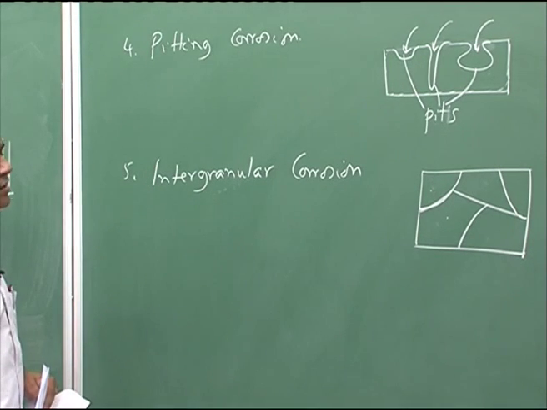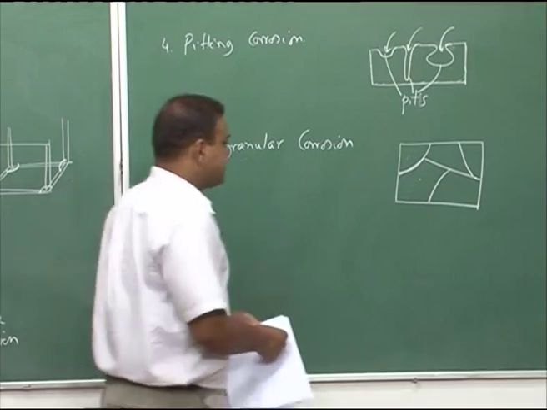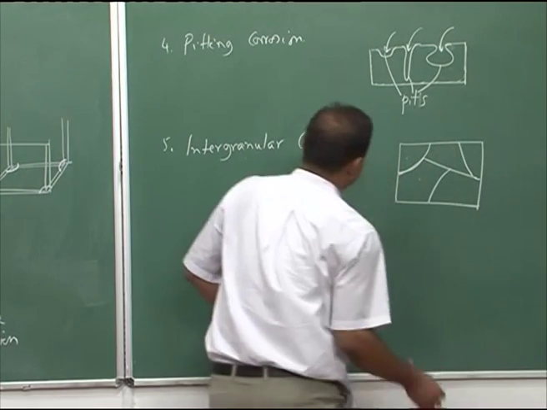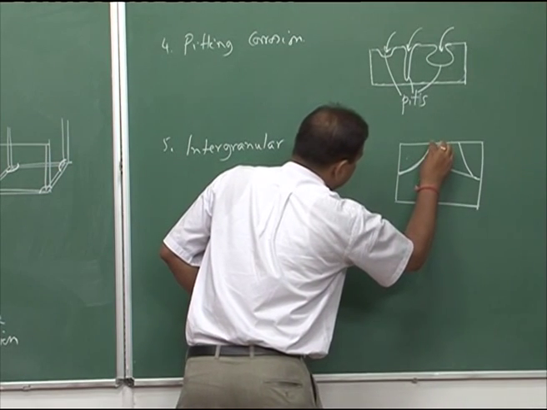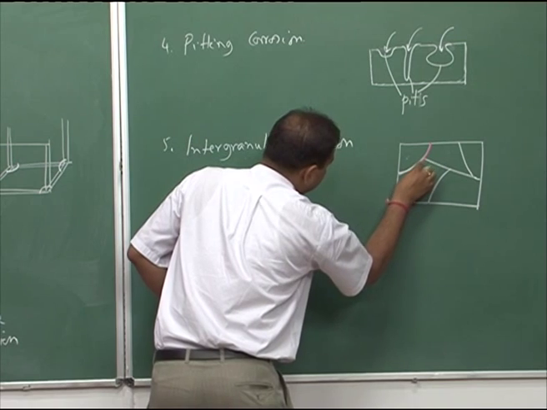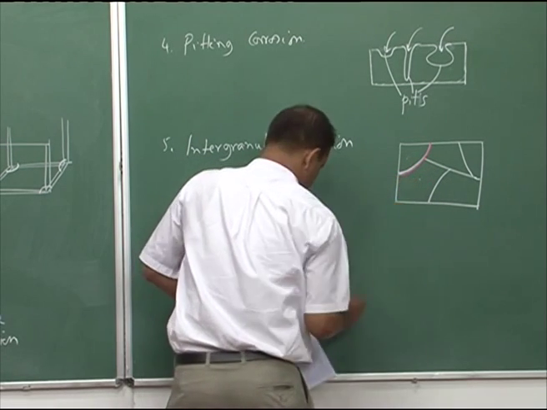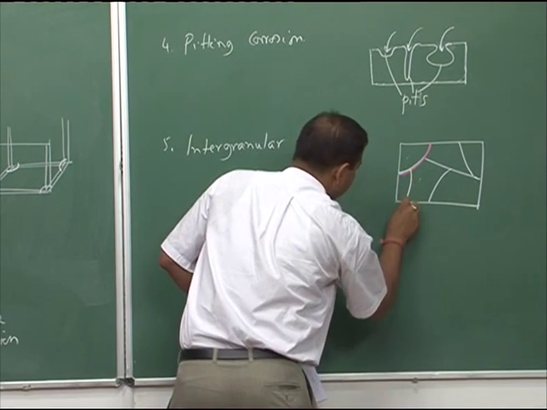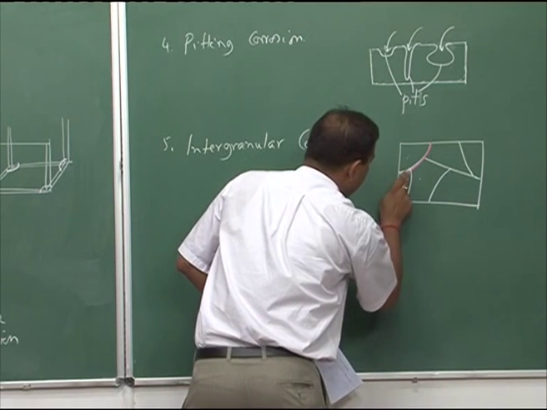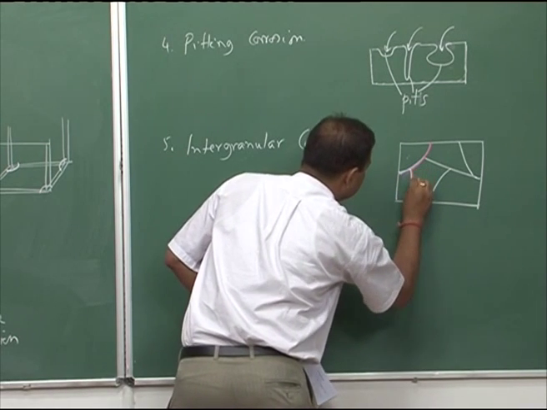Now, if we have intergranular attack, the attack will be on the grain boundary, along the grain boundary.